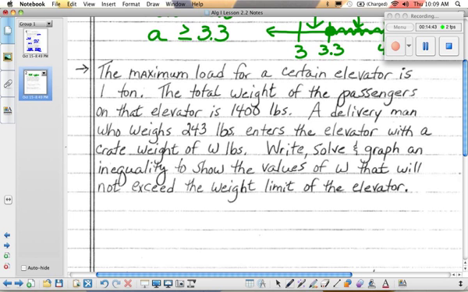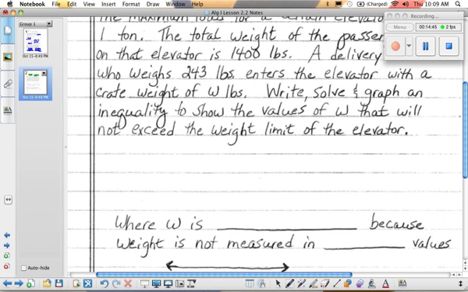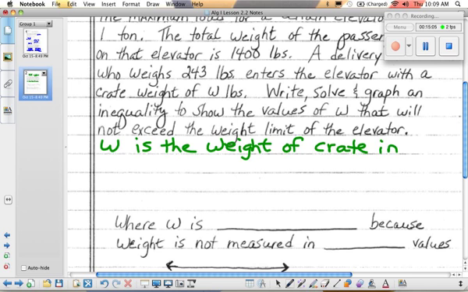Okay, so first thing we have to do when we're doing application problems and we're going to set up our own inequalities, we have to define the variable. So what's our variable representing? Somebody can always think of a weight. Yeah. W is the weight of the crate in what? Tons? Pounds.